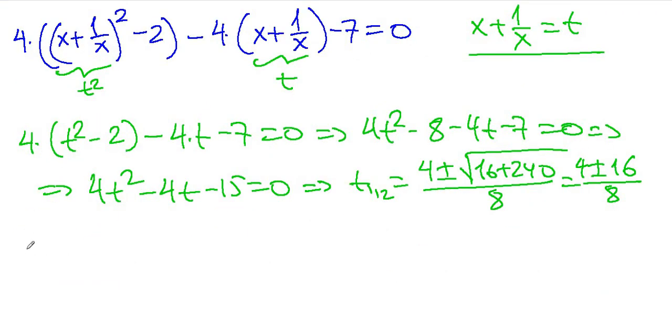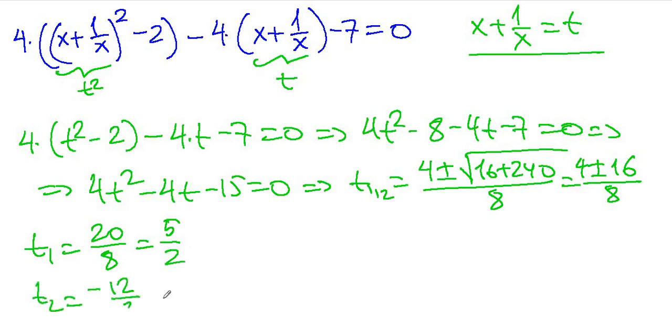Now t1 is equal to, if we take plus, 20 divided by 8, which is equal to 5 over 2. And t2 is equal to, if we take minus, minus 12 divided by 8, which is equal to minus 3 over 2.